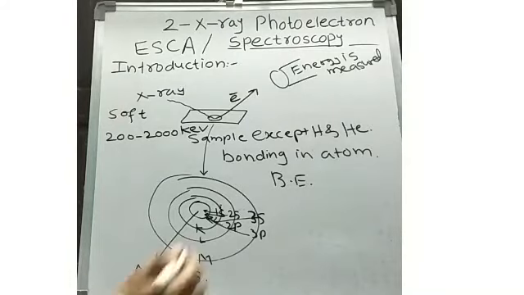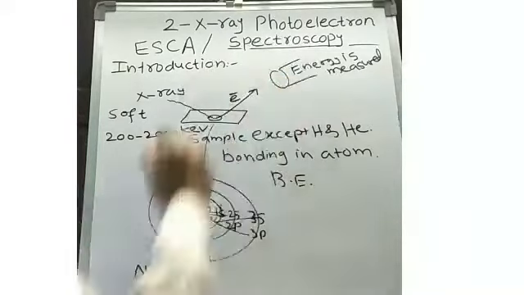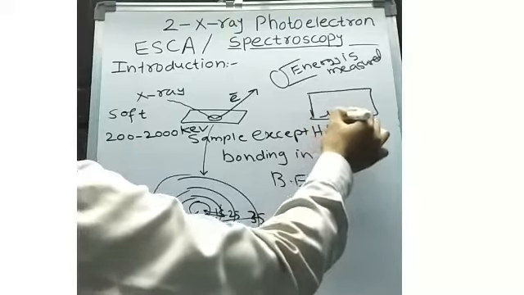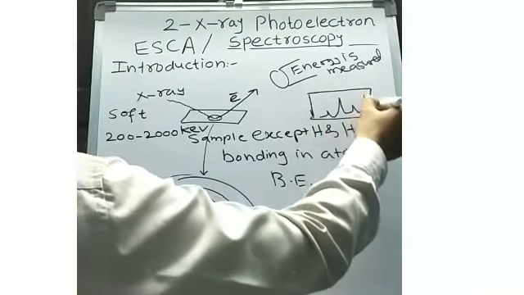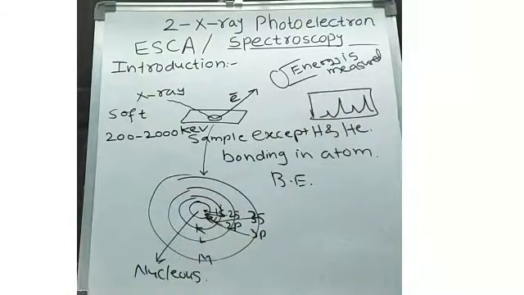And here, as the energy is measured, the detector draws a spectrum like this. These different peaks show the characteristic binding energy associated with each electron.